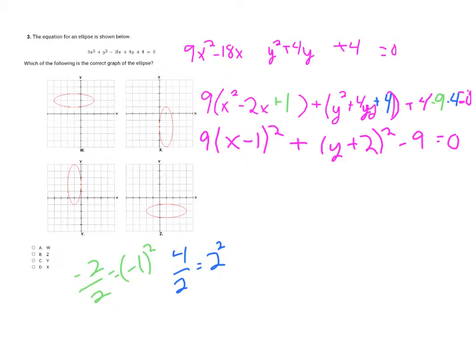So now, though, I want to move this 9 to the other side, so I'm going to add 9 to both sides. And when I do that, it's just going to be equal to positive 9.